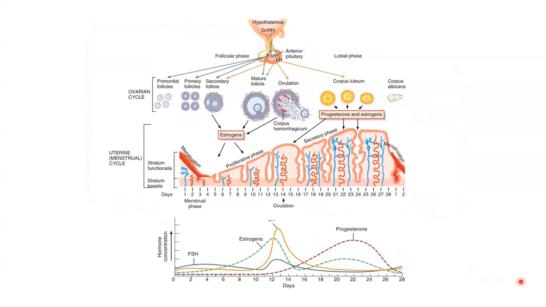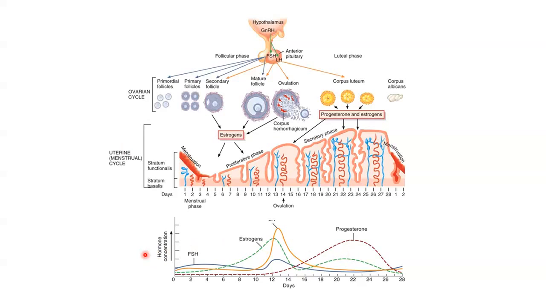But getting back to our two specific cycles, so our ovarian and our uterine cycle, and taking a look at the different phases within each cycle, we're going to use this image. And I appreciate that it looks like a lot, and it is a lot, but it also really nicely sums up visually the phases in each cycle, how they relate to one another, and then also the hormones that contribute to these changes.